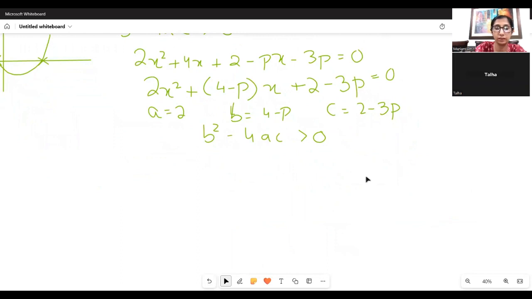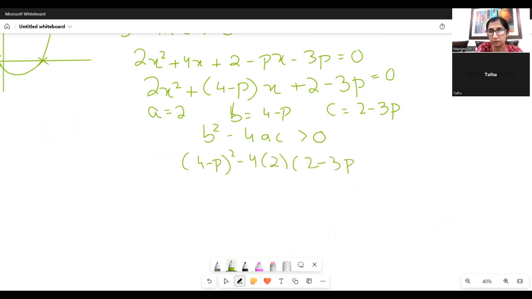P is 4 minus p whole square minus 4 times 2 times 2 minus 3p is greater than 0. So 16 minus 2ab is 8p plus p square minus 8 into 2, 16 plus 8 into 3, 24, p greater than 0.